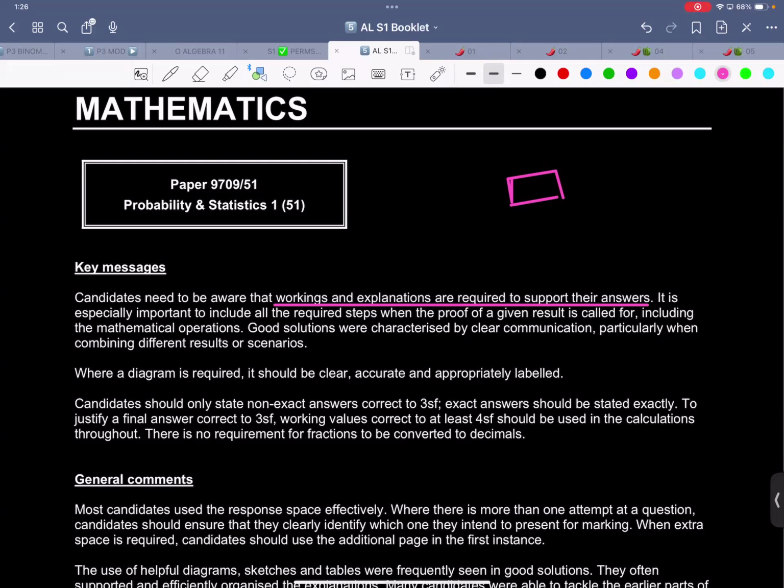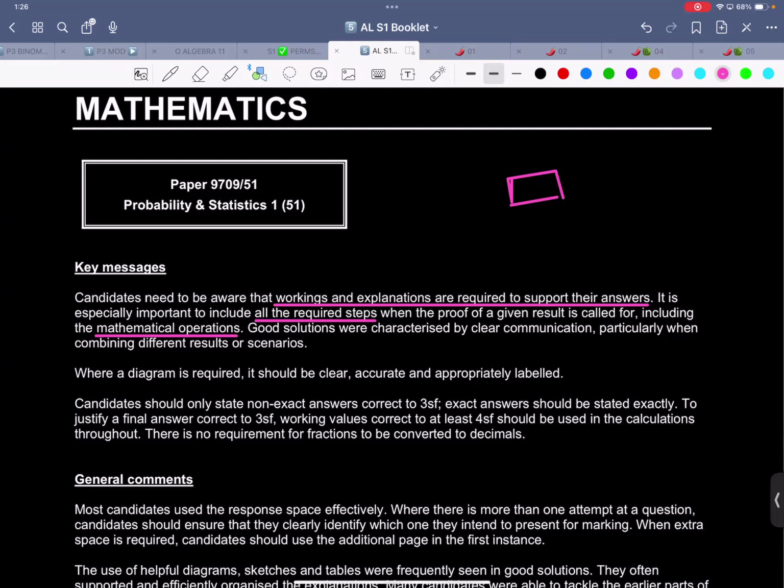It is especially important to include all the required steps when proof of a given result is called for, including the mathematical operations. If you are showing division, if you are showing simplification, if you are writing factorial, of course, you will just write a factorial and then use a calculator. There is no harm in using a calculator, but show all the necessary steps.